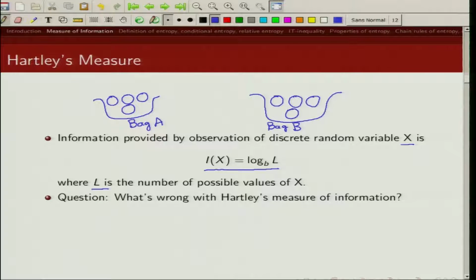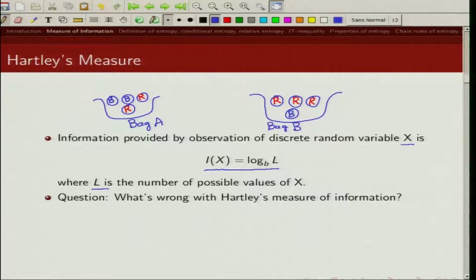Now in bag A, let's say 2 of the balls are of blue color and 2 of the balls are of red color. Whereas in bag B, let's say there are 3 balls of red color and 1 ball of blue color.